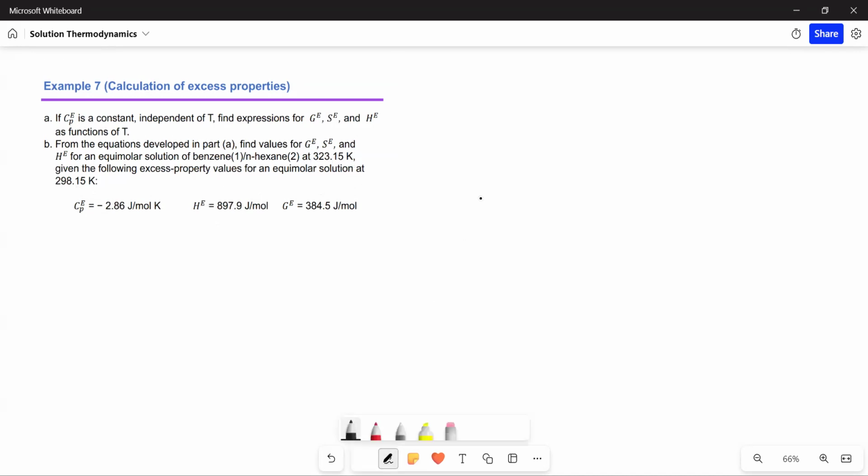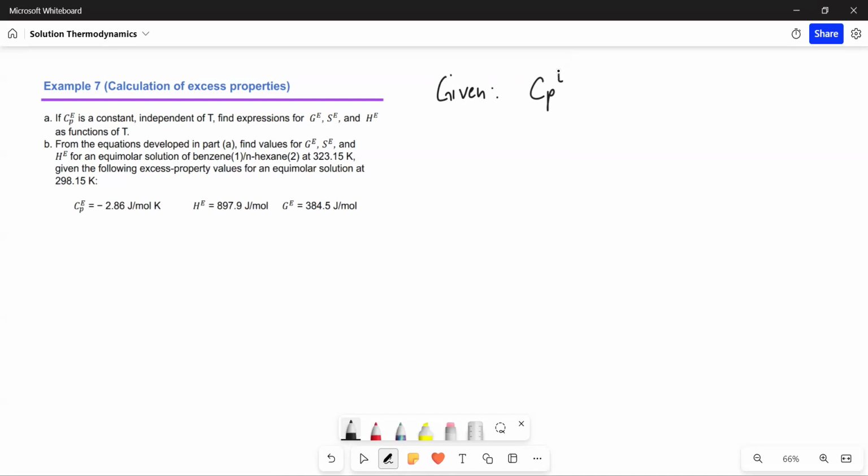So first, let's write the given. Given the excess specific heat is a constant.